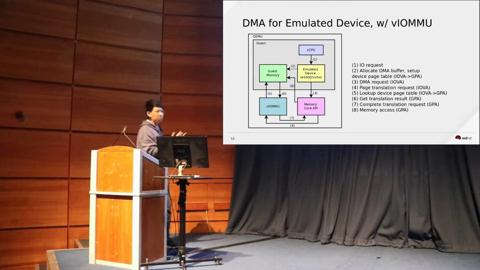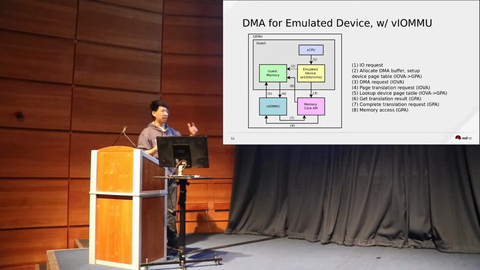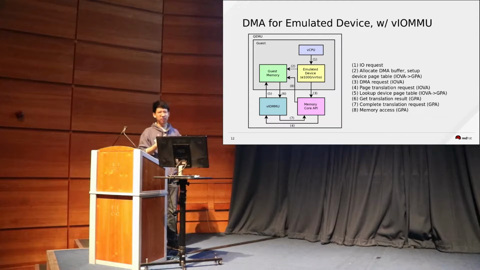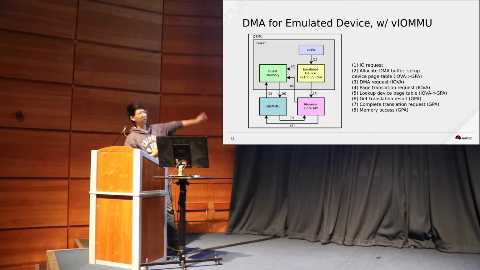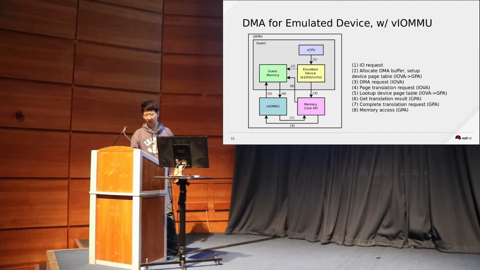So the QEMU memory core API doesn't know IOVA, but it can ask the vIOMMU to translate that IOVA address into GPA, and after that it knows. And that translation is actually by querying the guest page table. So that is mostly how the emulated devices are done with DMAs.